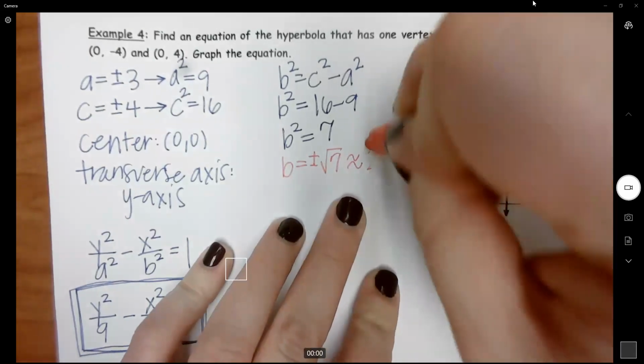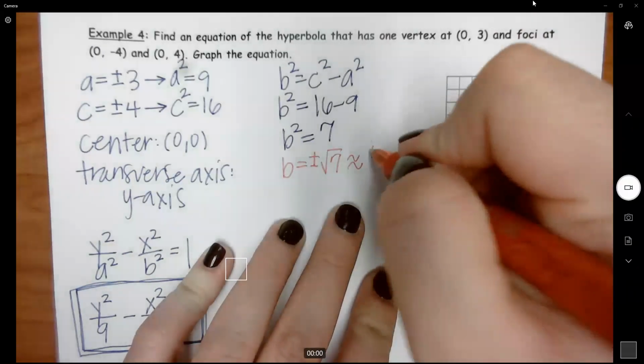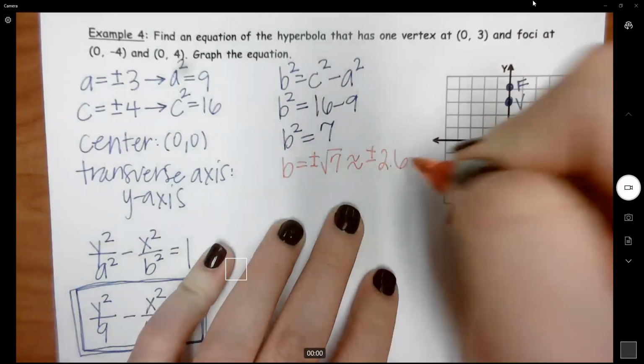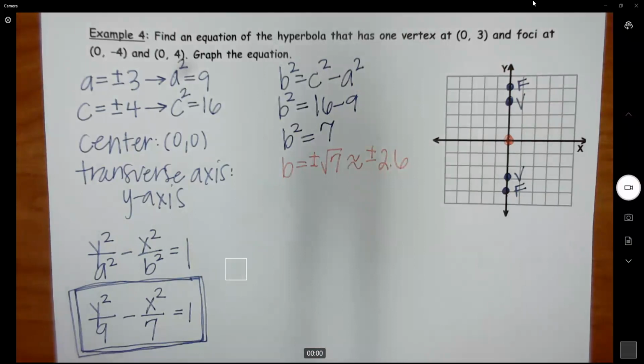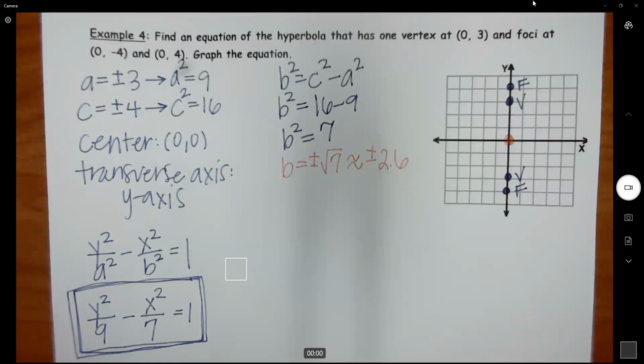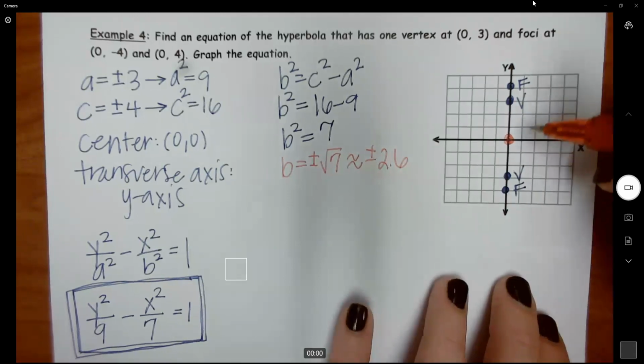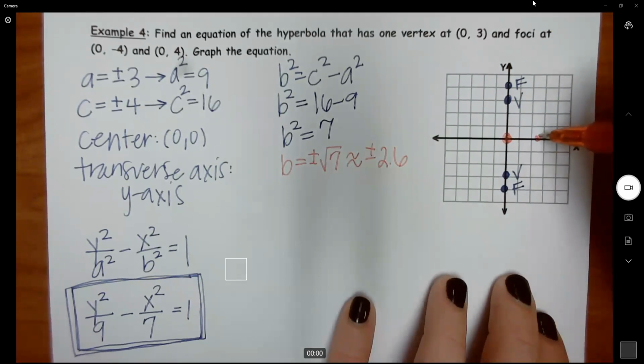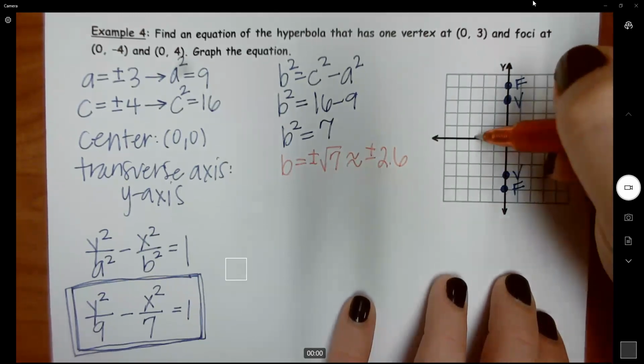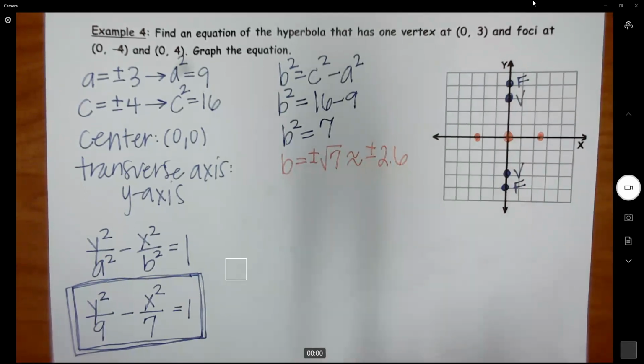Let me go plus or minus 2.6. So let's put that on our graph. We'll go 2.6 and 2.6. And then we make our box.